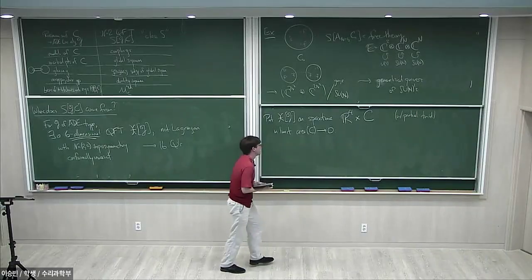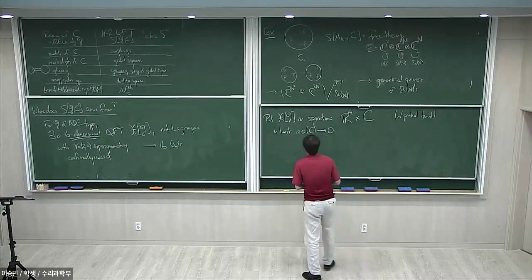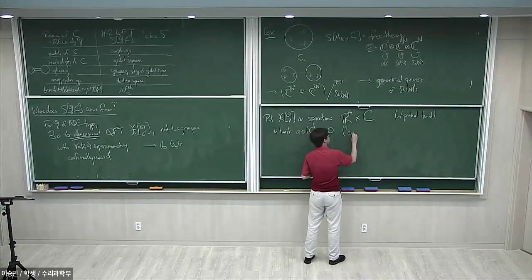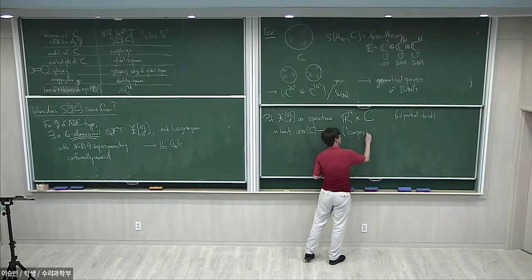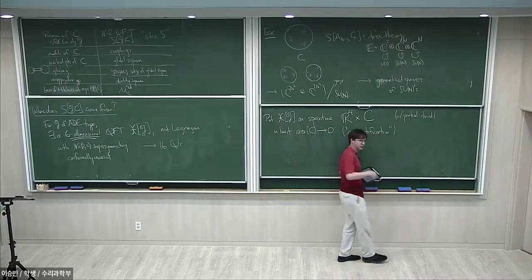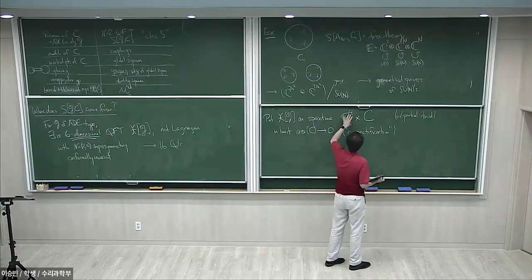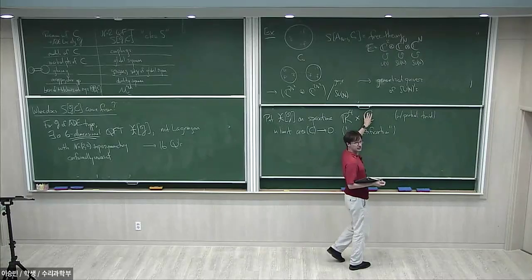And then what survives is just a field theory in R^4. You don't see any more of these internal dimensions directly. So sometimes people call this compactification. It's not the same as what mathematicians mean by compactification. It just means we took R^6 and we made some of the dimensions compact.